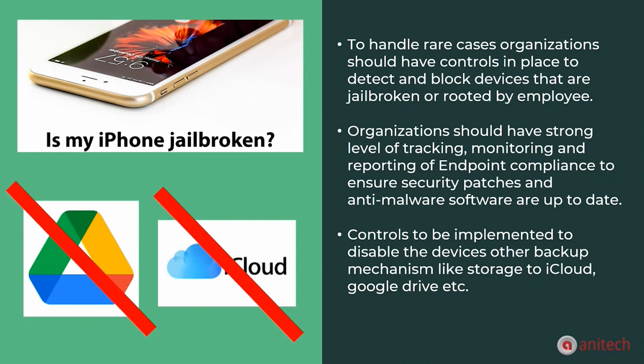But companies should understand that if this is available, their official data is getting backed up on other drives also. So they should implement controls to block these kinds of backup systems on the devices provided by the company.